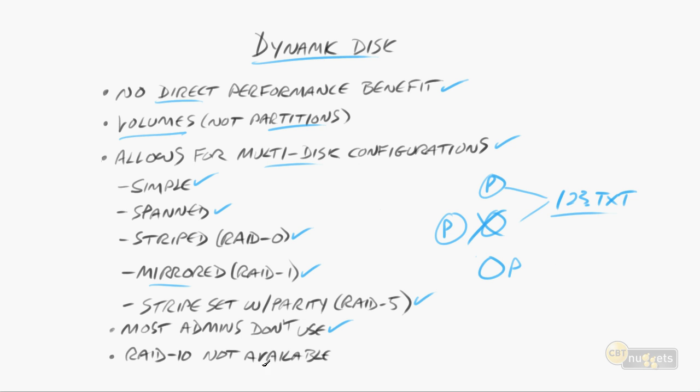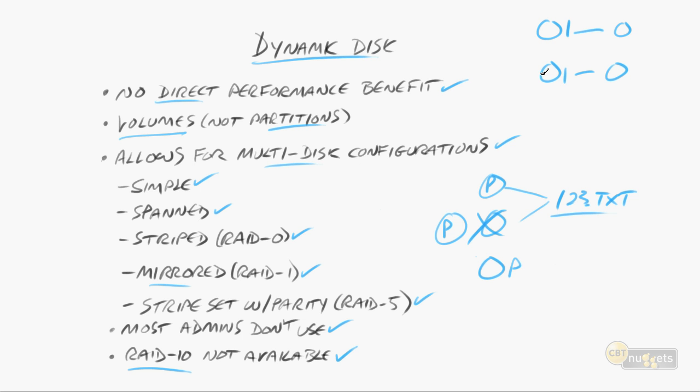Another reason why a lot of administrators don't use dynamic disks is because RAID 10 is not available. RAID 10 works like this. You'll actually have 4 disks, and what will happen here is we'll mirror the data. So we'll have the data written here, have the data written here, and then it's actually also striped across these 2 disks. What happens then is we can actually sustain the failure of more than one disk.